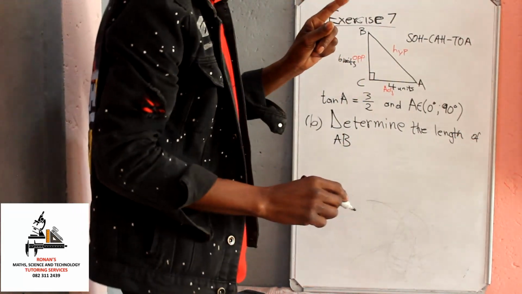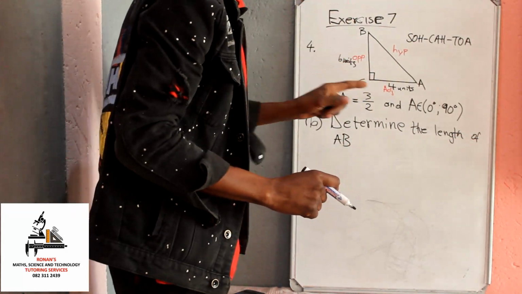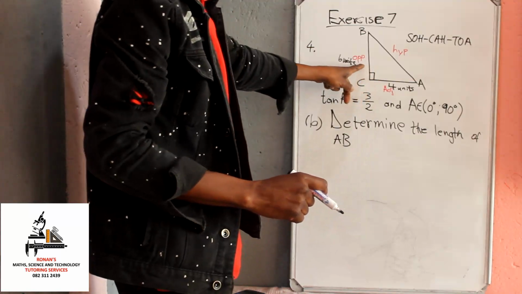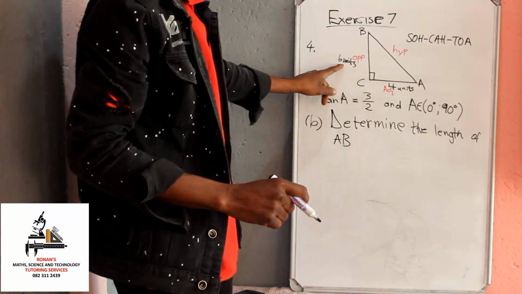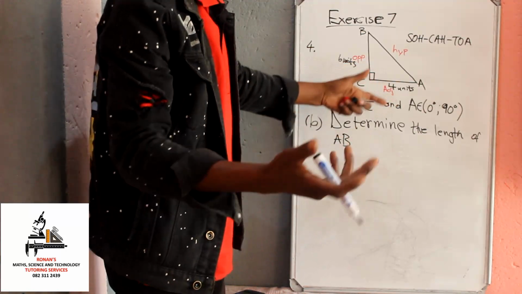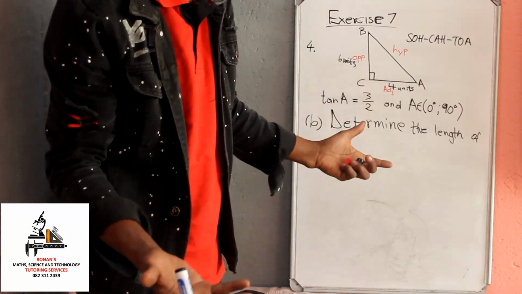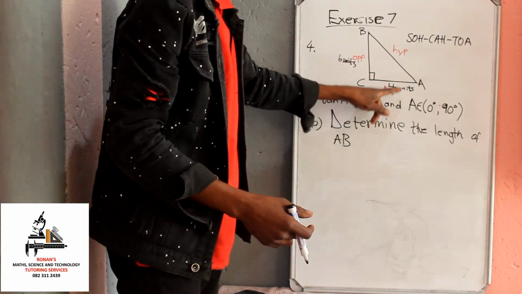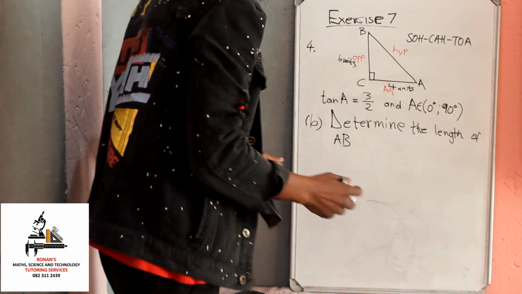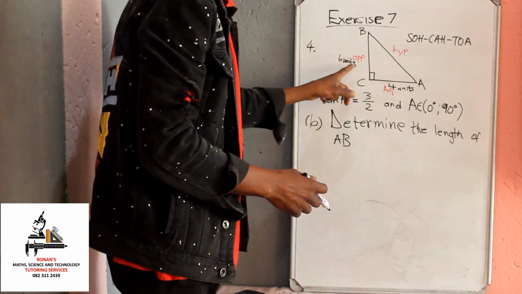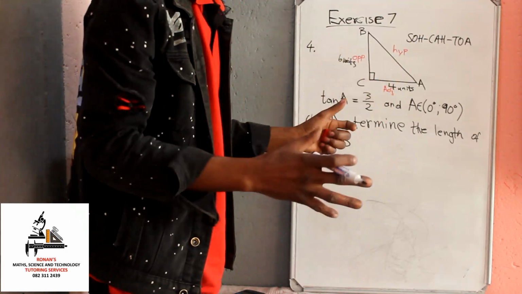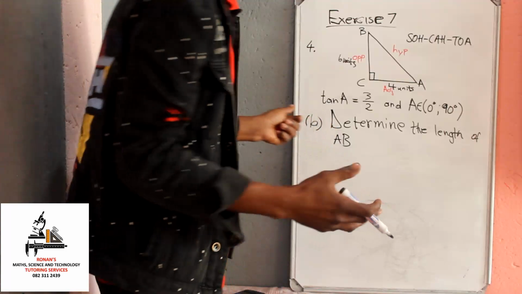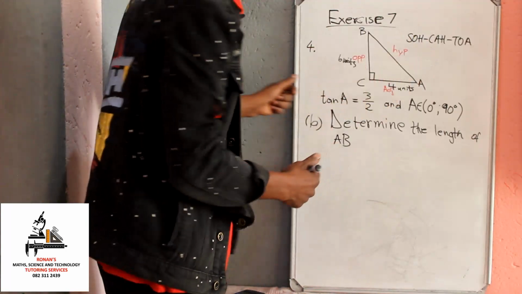Remember, in this case, we already have 6 units and it's not even a rounded off figure. So in this case, we can use both the opposite side and the adjacent side to find the hypotenuse, because we didn't get a fragmented, or should I say, a decimal number that is going to cause errors going forward.